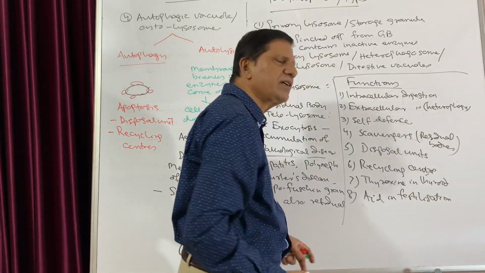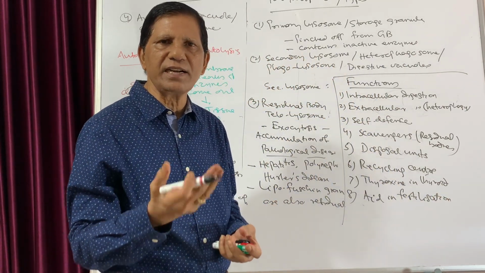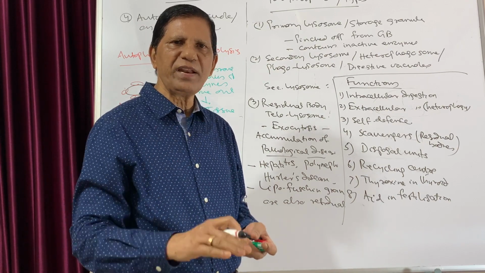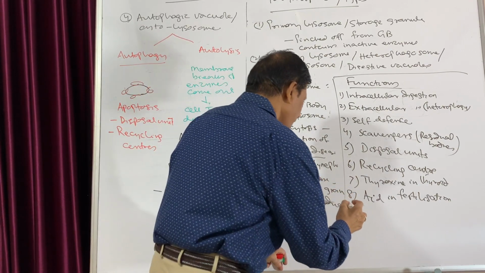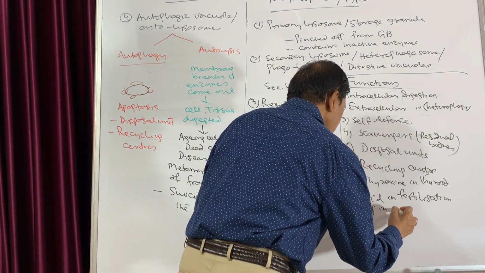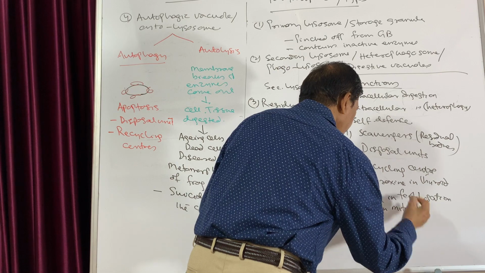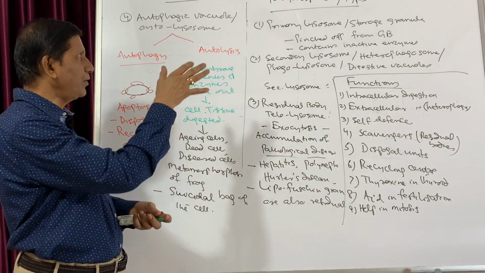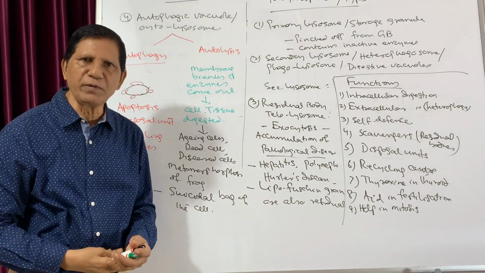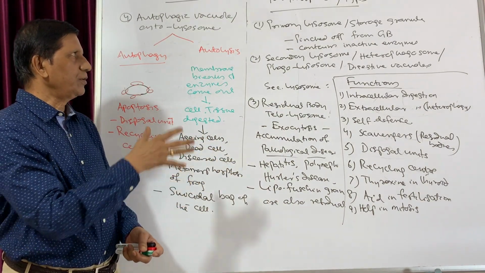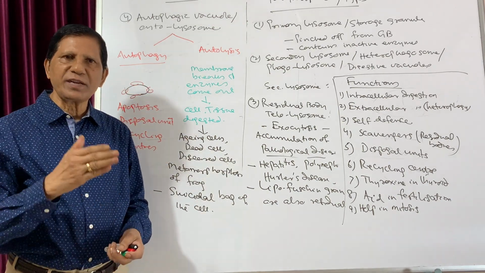Sometimes they also initiate cell division, that is mitosis, by digesting the repressors and inhibitors, and so help in mitosis. So these are the different types of lysosomes, that is polymorphism, and the different functions. This lysosome is very important from the examination point of view.